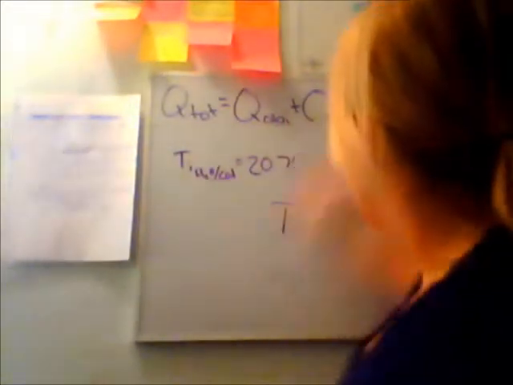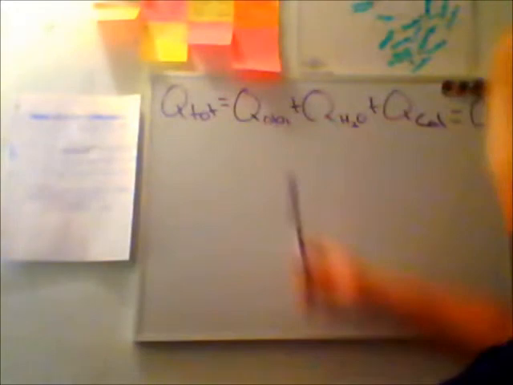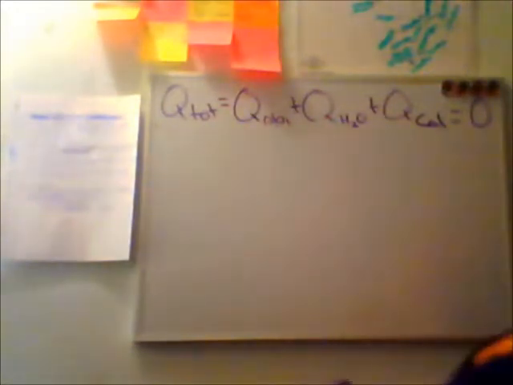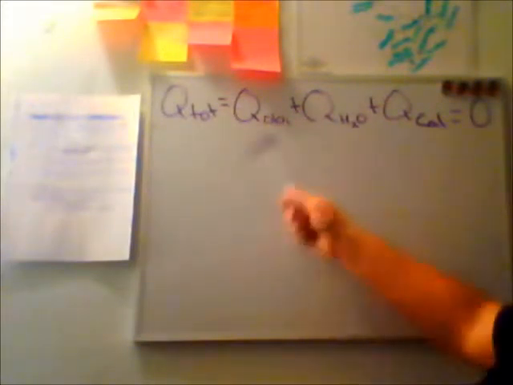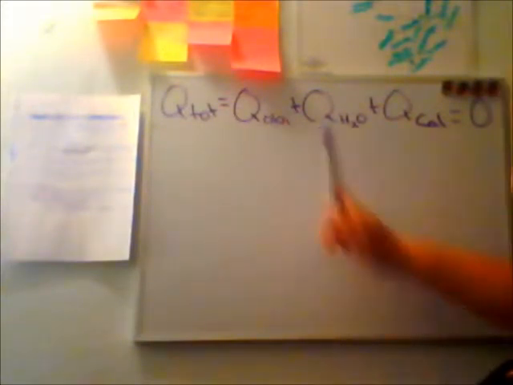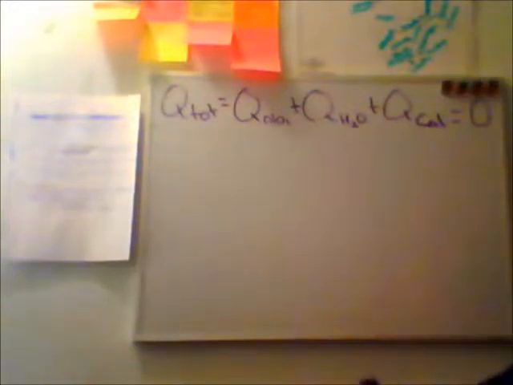So, all those things are super important, but they take up a lot of room on my board right now since I wrote them giant, so we will go back to this big old equation here, which is the entire point of these labs. Q total is going to be equal to Q for the entire system, so Q object plus Q water plus Q calorimeter. And it's going to equal 0.